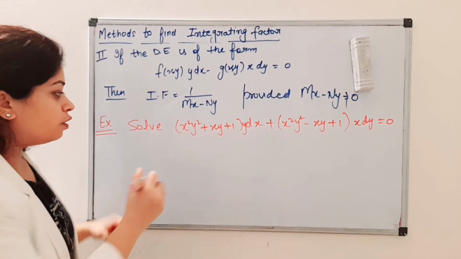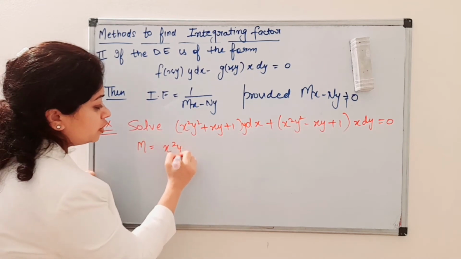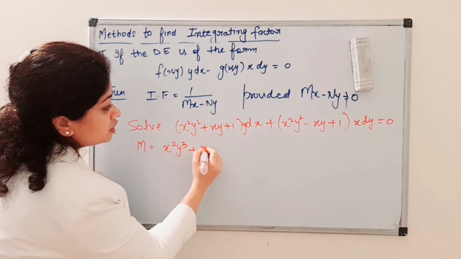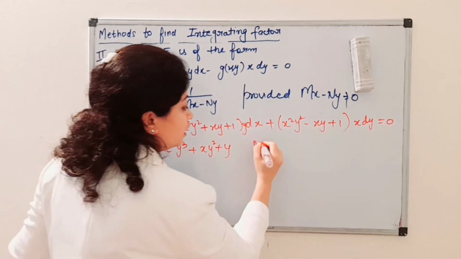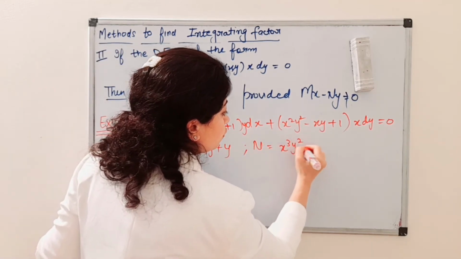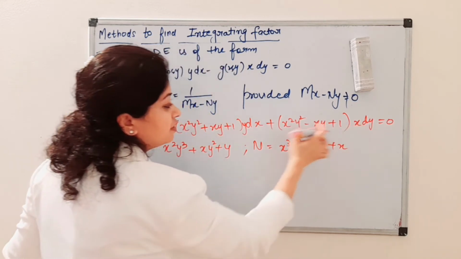So first of all we will write what is M. M is x square y cube plus x y square plus y. Okay, and N is x cube y square minus x square y plus x. I multiplied this x here.